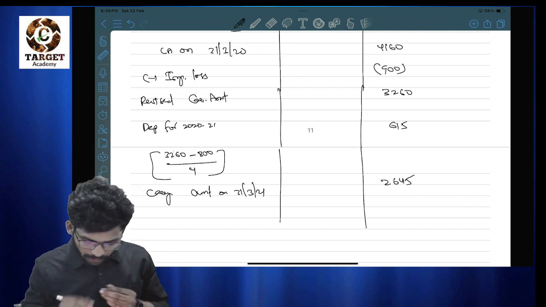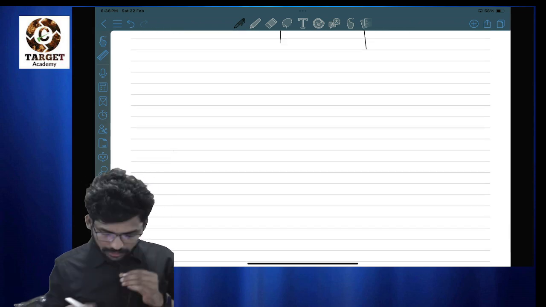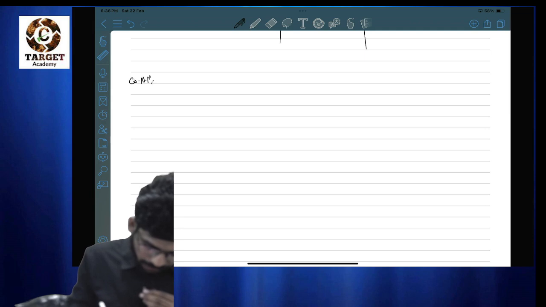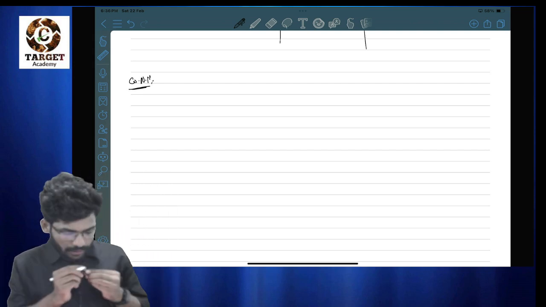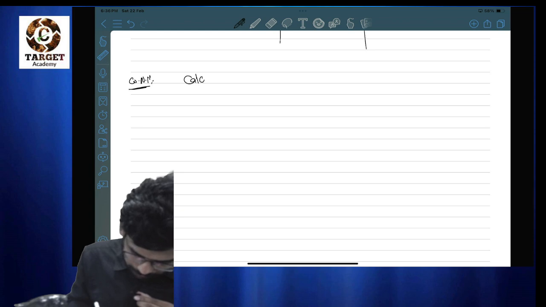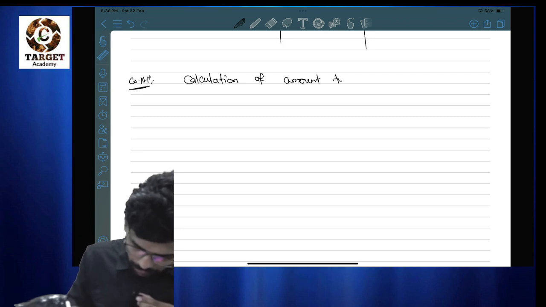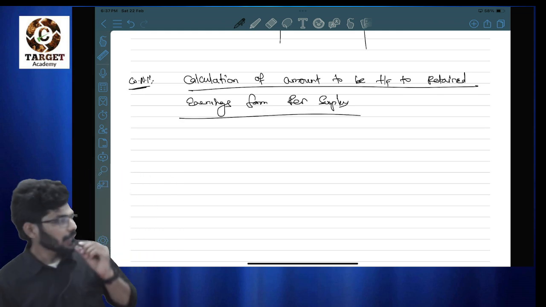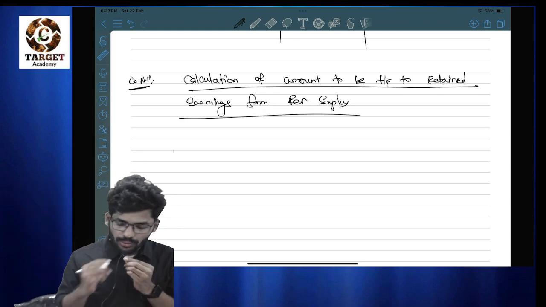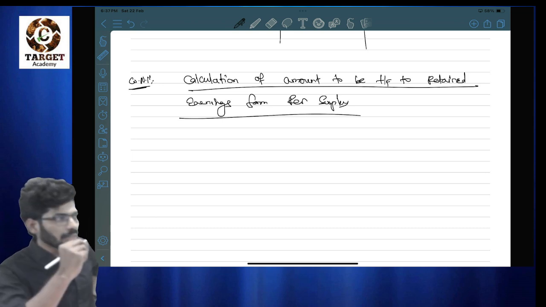So, coming to working note number 1: calculation of amount to be transferred to retained earnings from revaluation surplus.